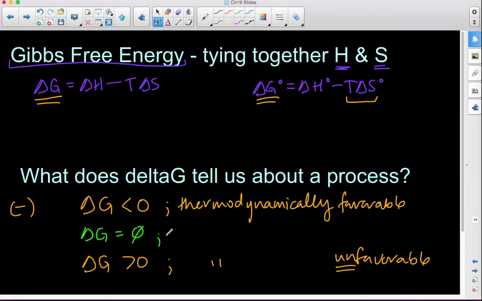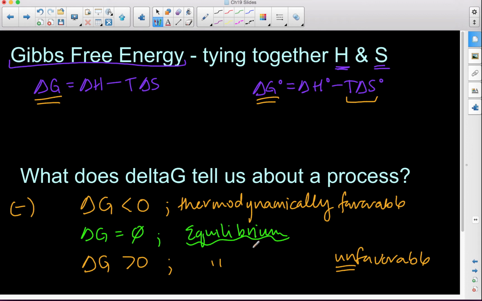So what happens when delta G equals 0? Equilibrium. That means we are at equilibrium. Equilibrium means macroscopically there is no further change in my process. Microscopically, it means there's no further change in concentrations: no change in the concentration of my reactants, no further change in the concentration of my products.